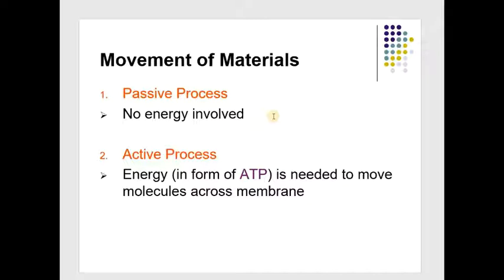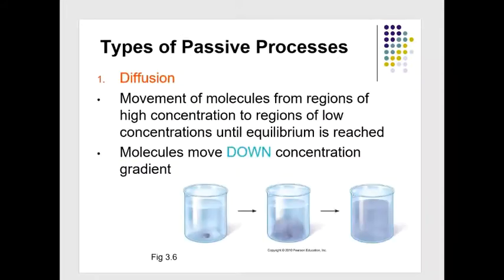But sometimes molecules are large or being moved strongly enough against their concentration gradient that the cell needs to apply a little bit of energy in order to get that molecule across the membrane. So that's called active movement or an active process. It's going to require ATP.